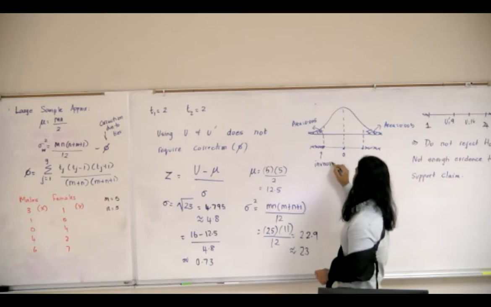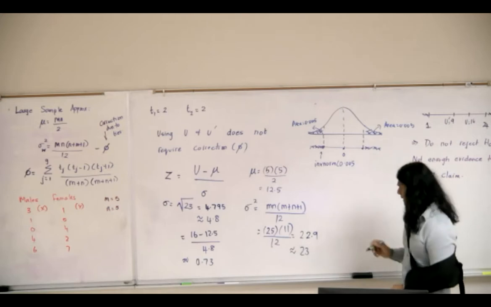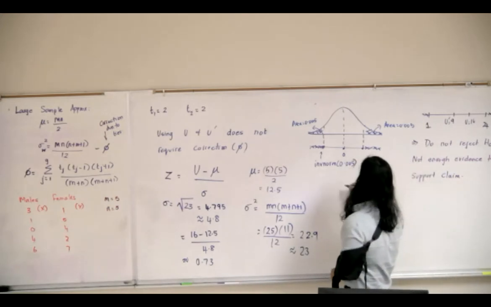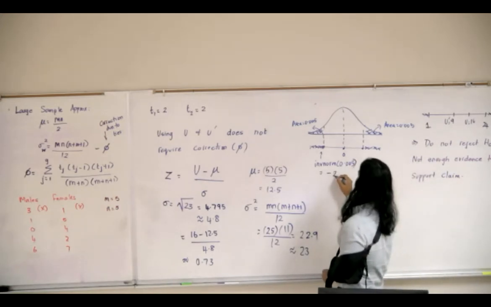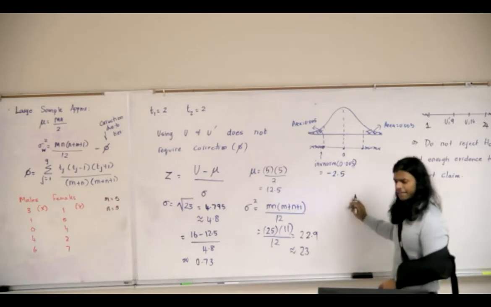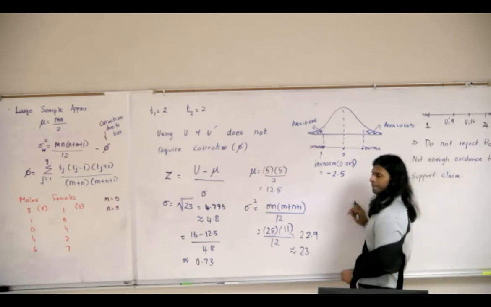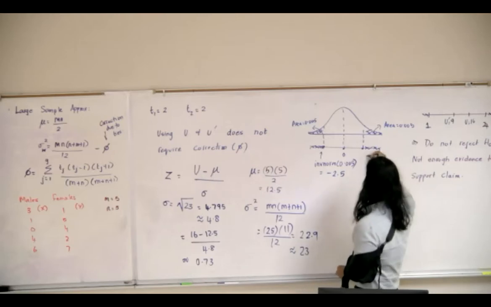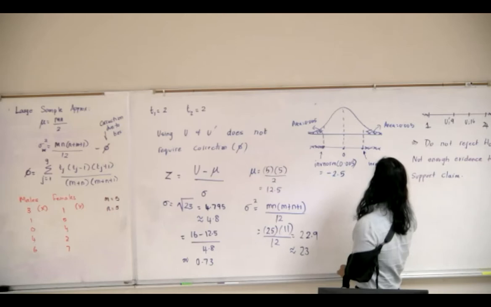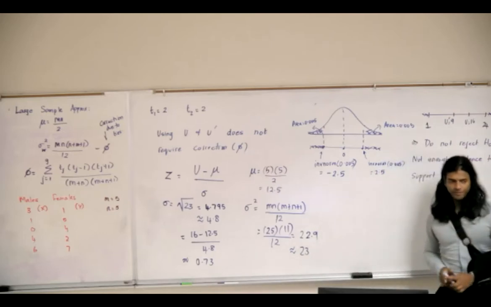Inverse norm of the area below. -2.5. This is -2.5. That will be positive 2.5.